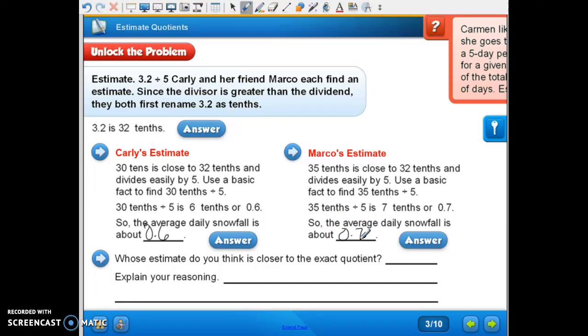Whose estimate do you think is closer to the exact quotient? Explain. Let's look at their estimates. Who is closer to 32, Carly with 30 or Marco with 35? Carly, with 30.